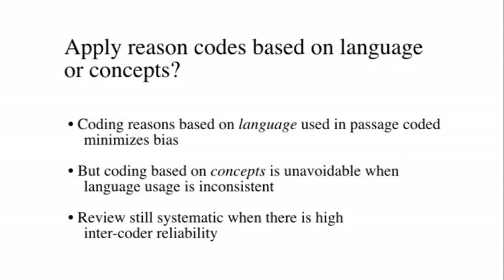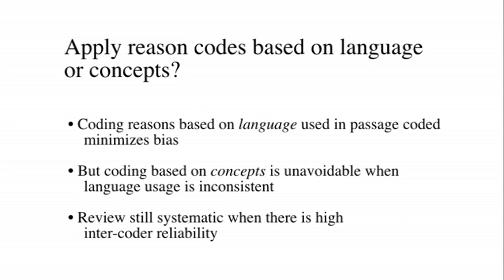Our replies are that, first, even when codes are applied partly on the basis of concepts expressed, the level of bias is low when coders work independently to apply codes to passages in included publications, and there is high intercoder reliability. In other words, coders frequently apply the same codes to the same passage. And second, we should not hold systematic reviews of reasons to too high a standard.